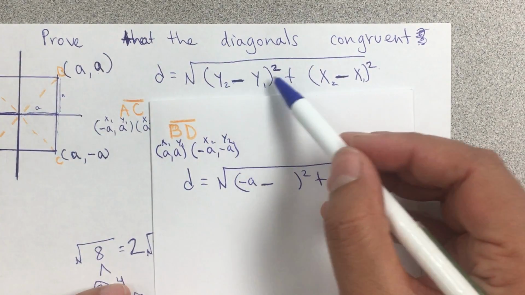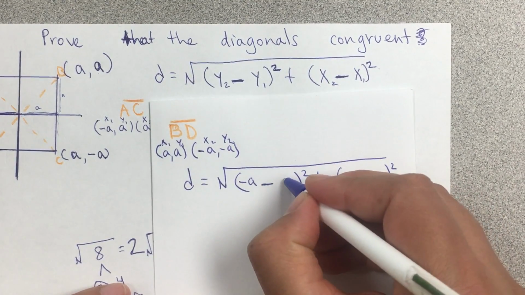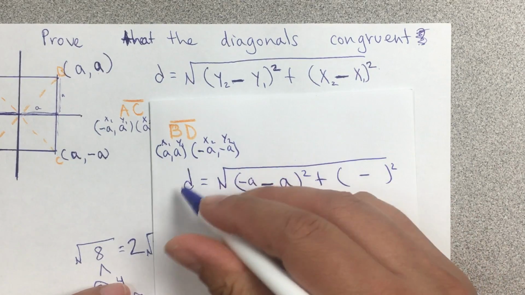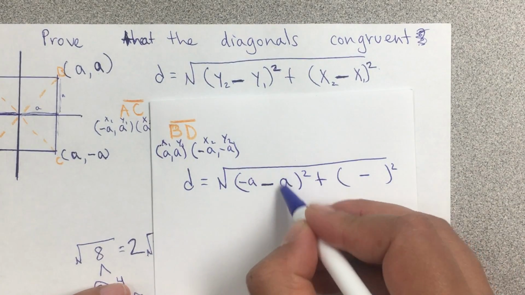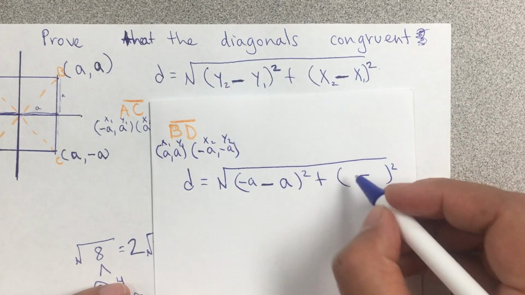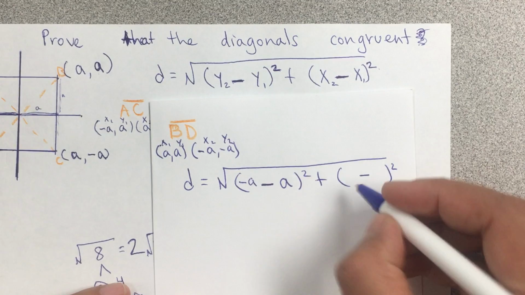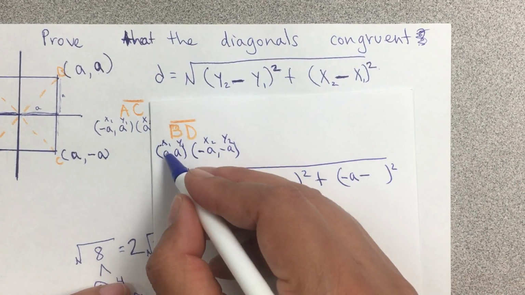So y2 minus y1: the minus from the formula, and then a. Then x2 minus x1: x2 is negative a, minus from the formula, and then a.